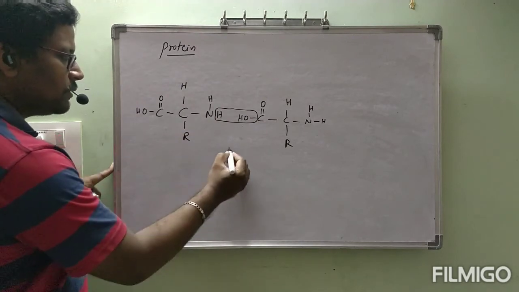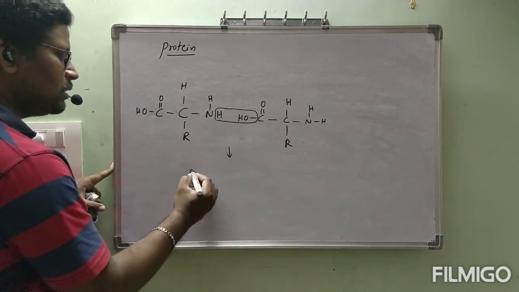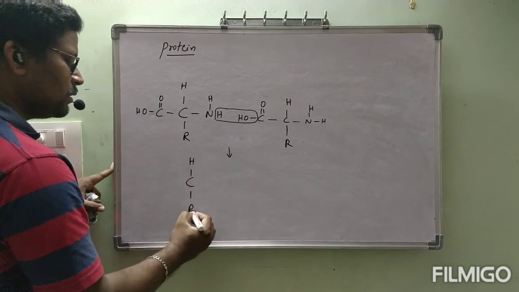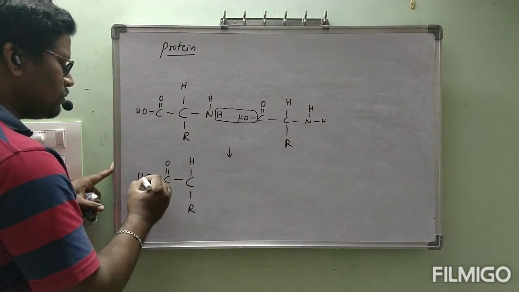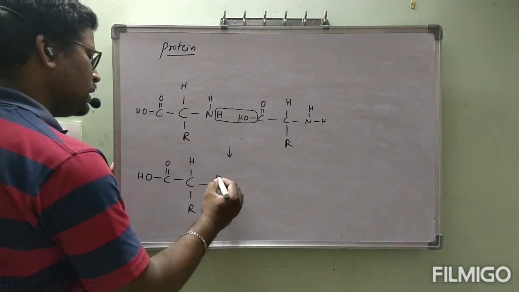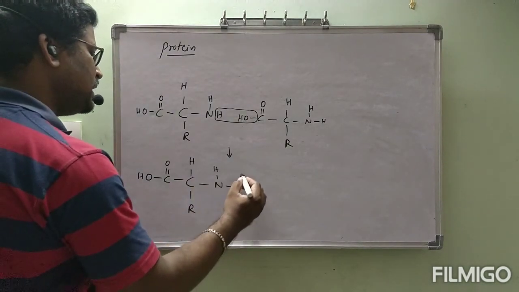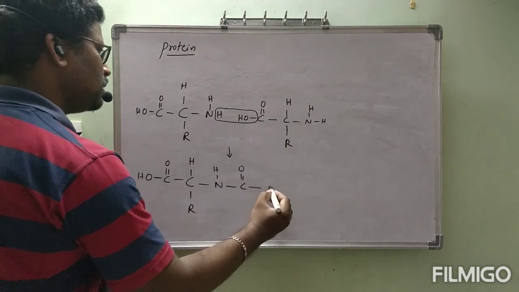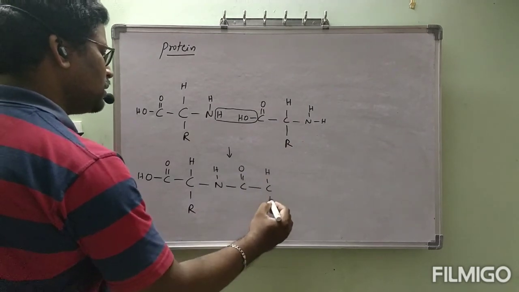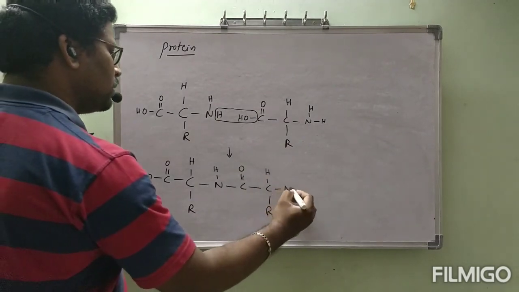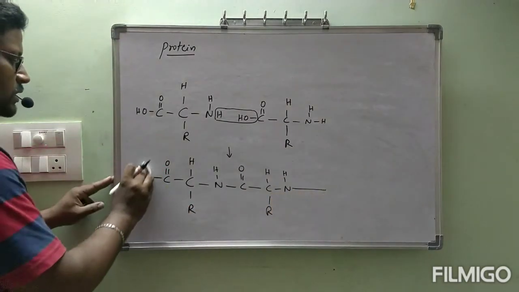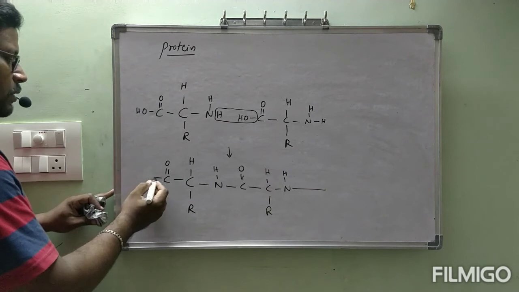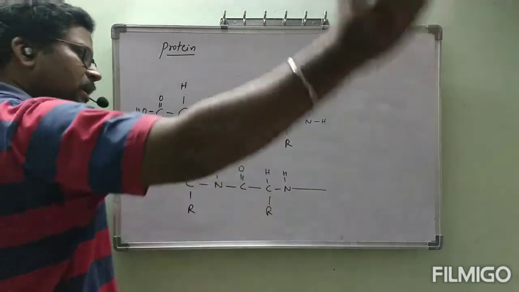Then we will have CHR, C double bond O, OH, NH, C double bond O, CH, R, NH, continuation. Here this OH also, C double bond O, continuation. Like this it will be continued.